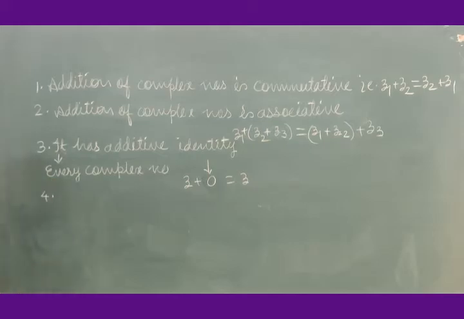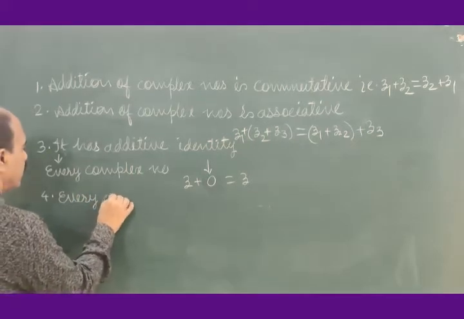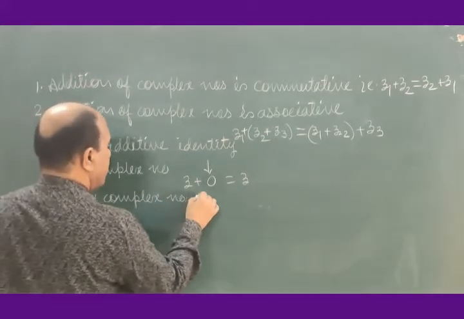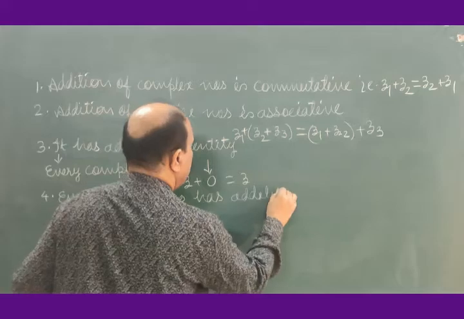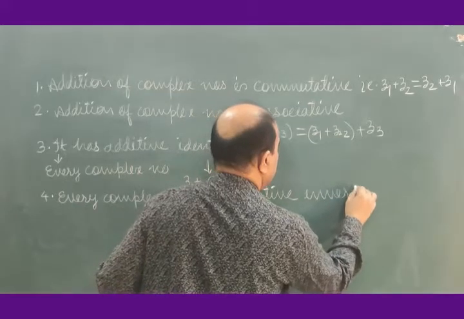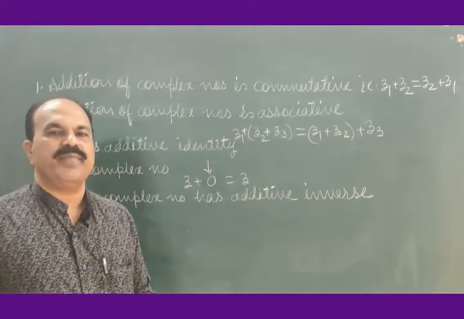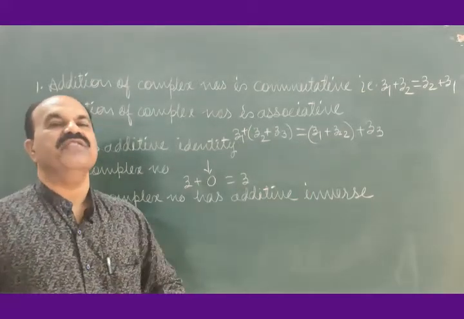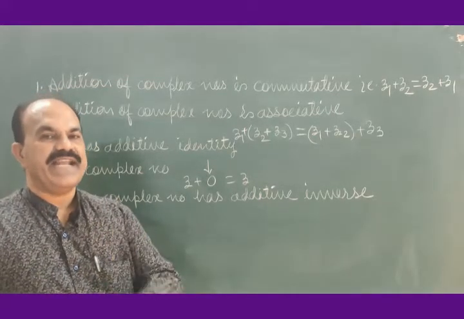The fourth property of addition of complex numbers is: every complex number has additive inverse.